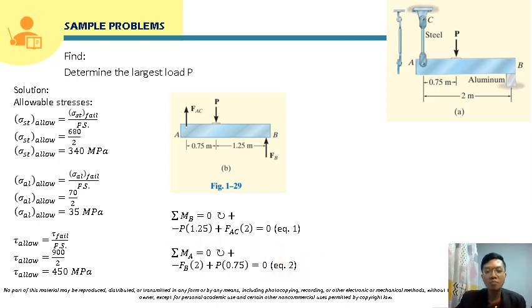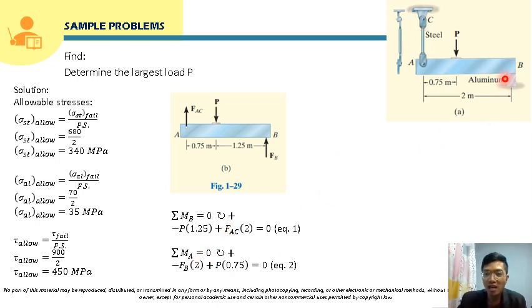As you can see here, we have three unknowns, and there are only three equations, right? So these will just serve as the equations reflecting the relationship of P and FAC, and P and FB. FAC, as you can see here, will be the normal force that this steel rod will also experience, so we are going to use that.